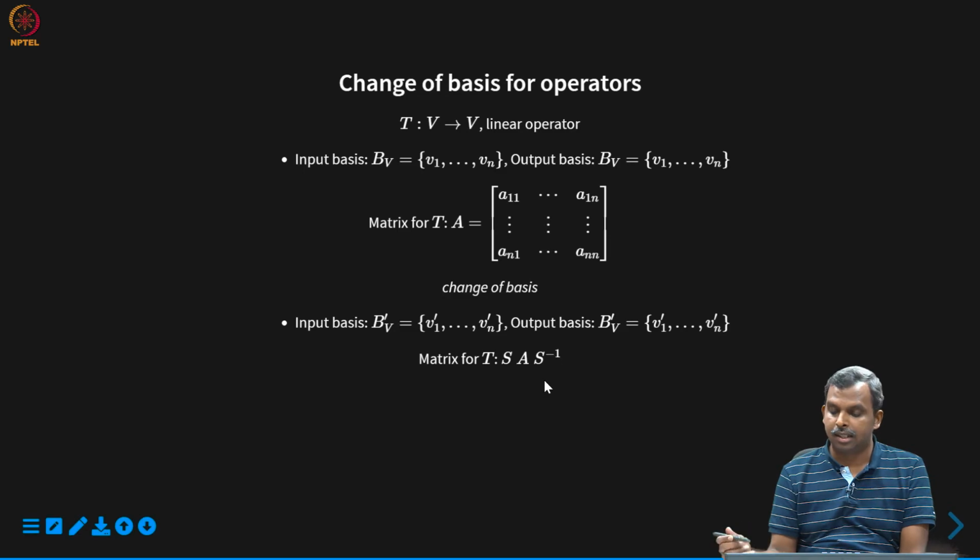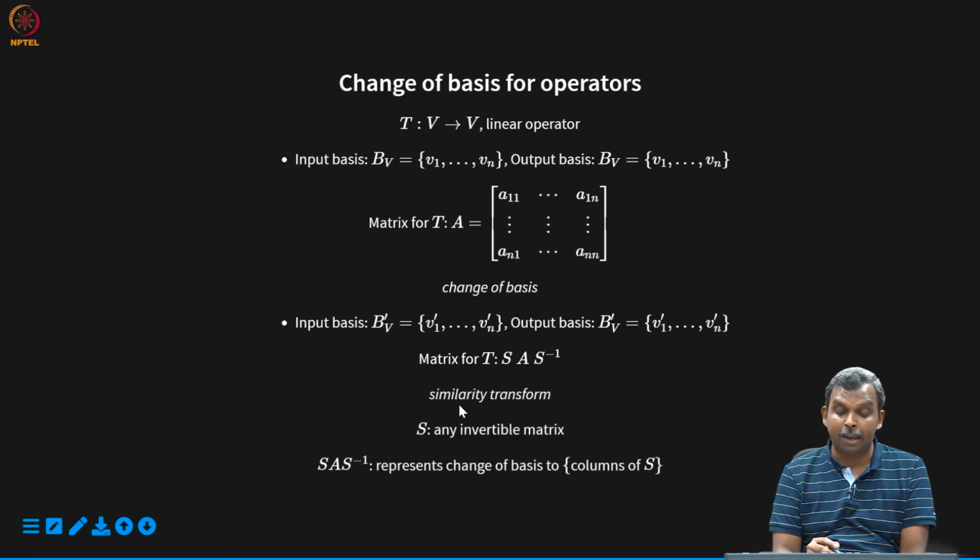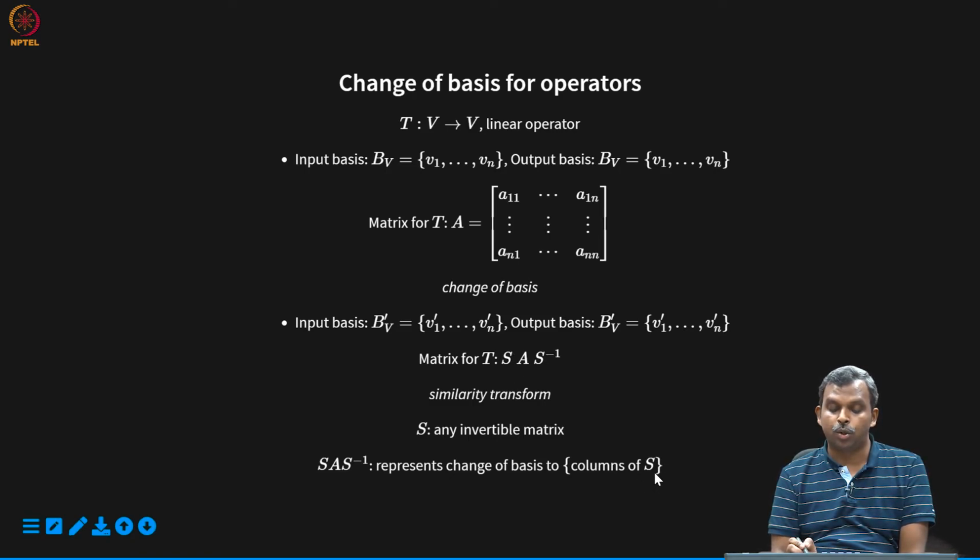So this is a nice looking transformation. In fact, it has a name. It's called a similarity transform. You can pick S as any invertible matrix. We know that also. SAS inverse represents change of basis to the columns of S. Remember, this is the columns of S, and S should come on the left. That's the new basis that you're going to from the original basis. So that's important to understand.